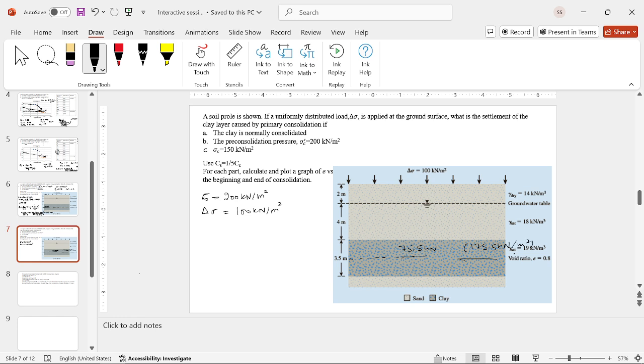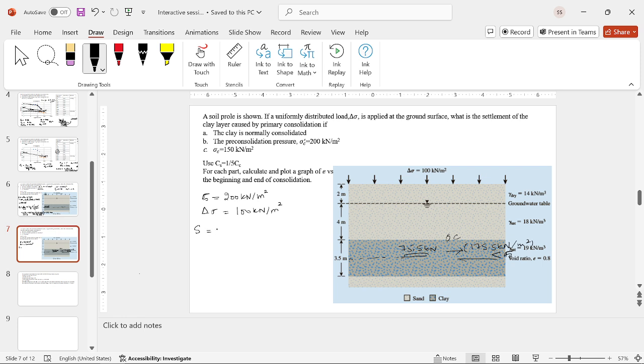So which is less than the sigma naught, which means that the whole range of loading from 75 to 175 is in an over-consolidated state. So we simply use Cs here.